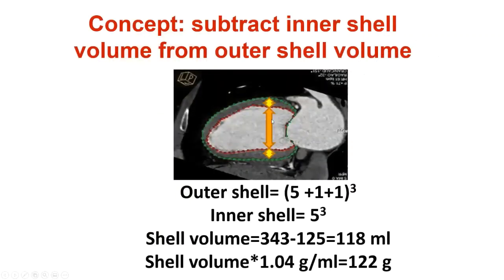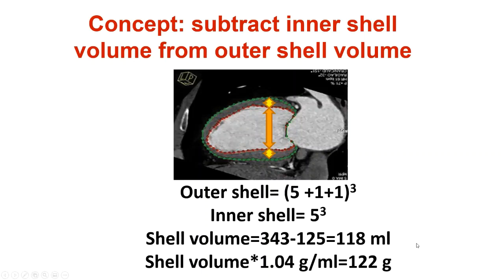So if we assume that the volume of this outer shell is given by 5 plus 1 cubed, and the volume of the inner shell is 5 cubed, the shell volume, the volume of this gray stuff in between the left ventricular cavity and the outer wall, is 118 ml. That is 343 minus 125.